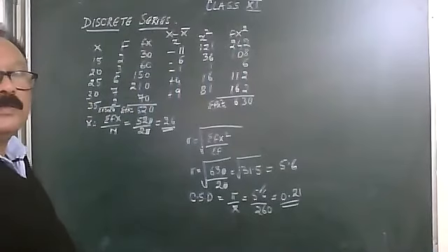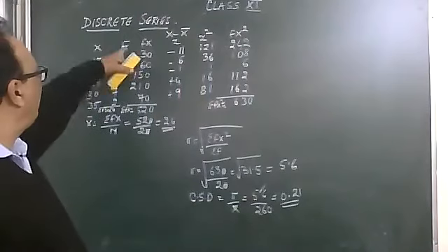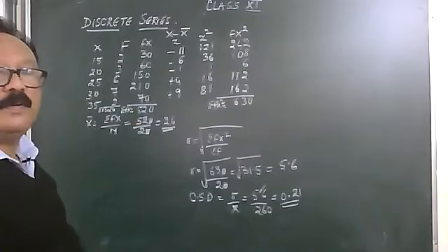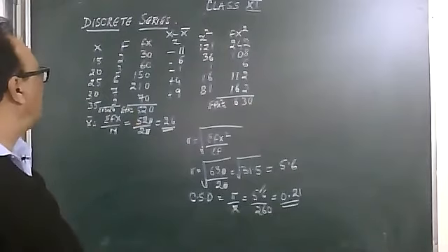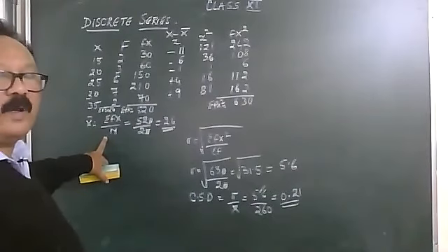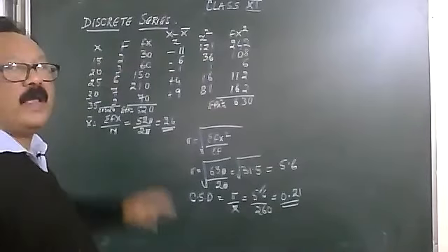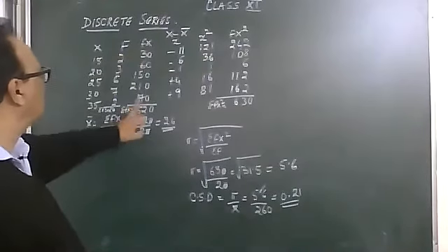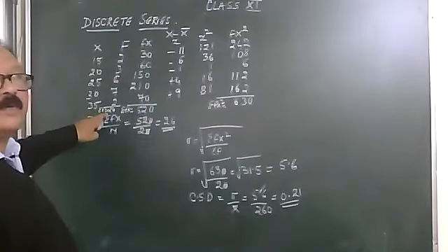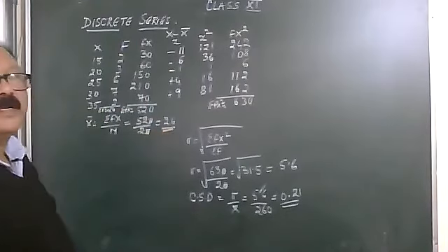So, quick revision. In a discrete series, we have the frequencies. That is what makes it a discrete series. The first thing is we find the mean. Mean formula is sigma fx upon n. So we multiply x with f to get fx and sum it up. 520 upon the sum of the frequencies, 520 upon 20, the mean calculated is 26.